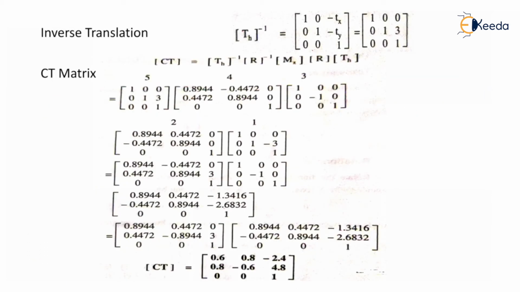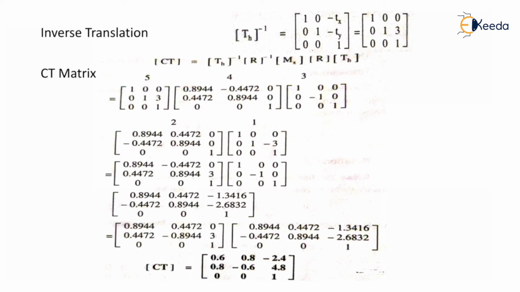Then inverse translation. In inverse translation it is again simple: 1 0 minus tx, 0 1 minus ty, 0 0 1. That means 1 0 0, 0 1 3, 0 0 1. Now this is a very important calculation where we have to multiply to get CT.